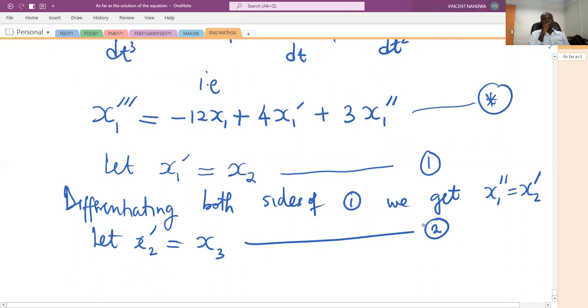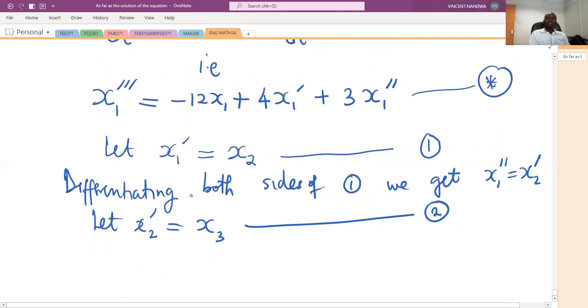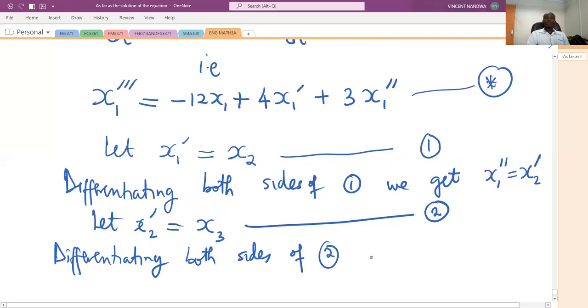Then also do the same step we have done here, differentiating both sides of 2, we get x2 double prime is the same as x3 prime.